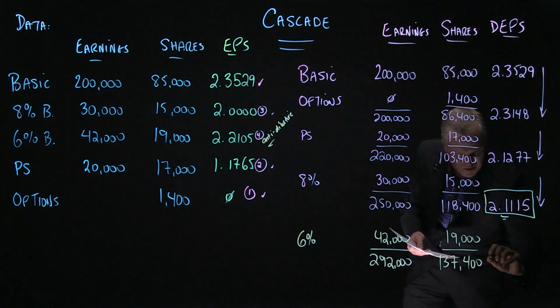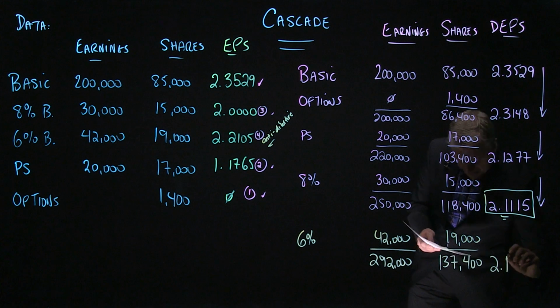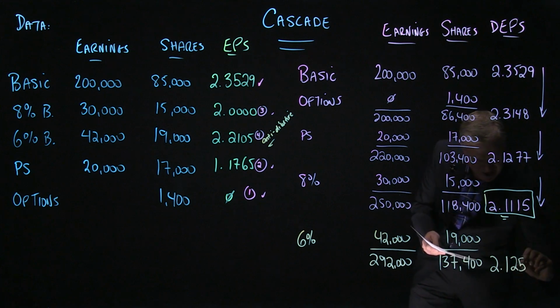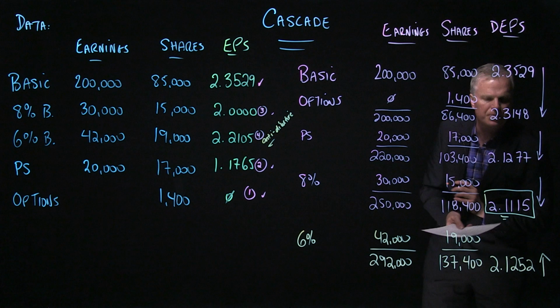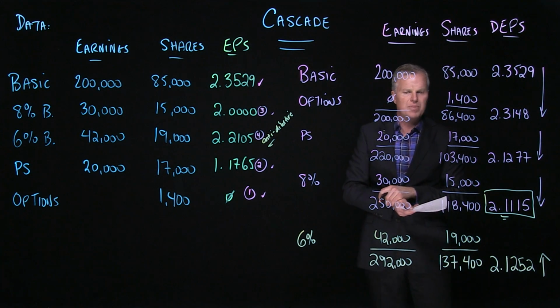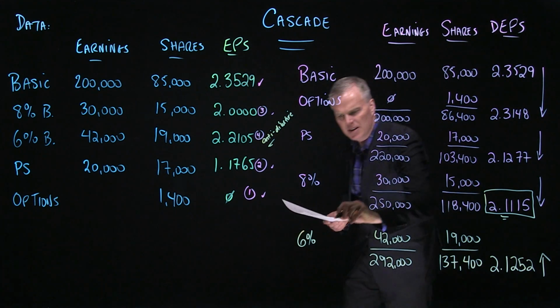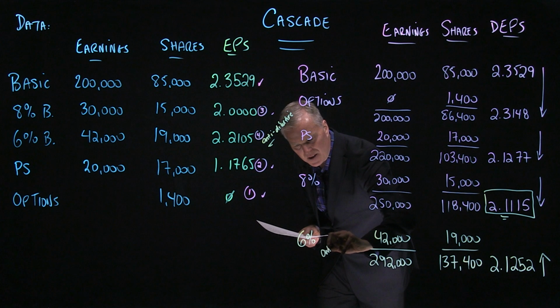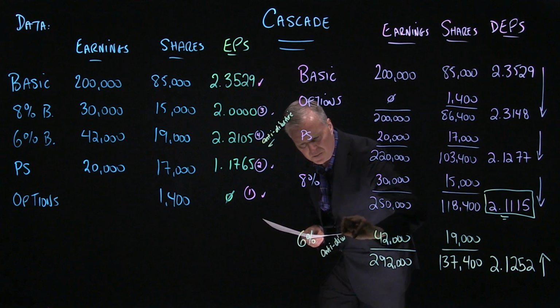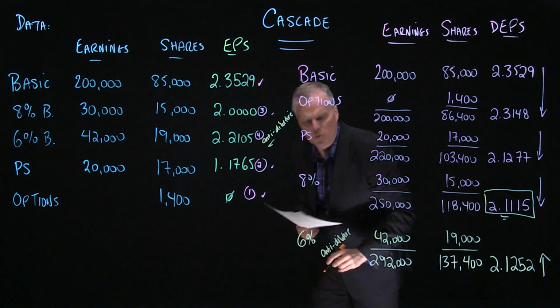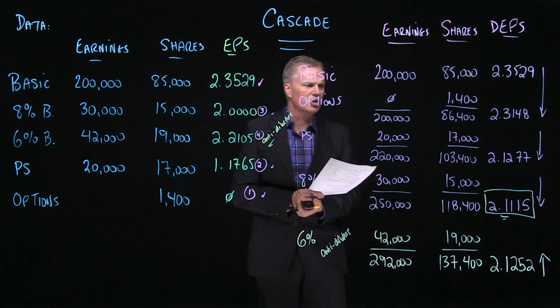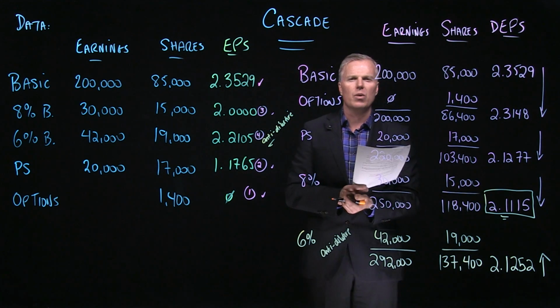And I would get a value now of 2.1252. You can see that that is going up now. So again, this is anti-dilutive. We would not put this into our schedule. We would stop right there.